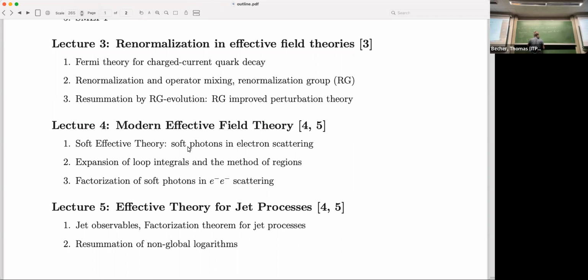Typical distance will be the Bohr radius. And now, if you look at this proton closely, as you will learn in the maths lecture maybe tomorrow, there are up quarks in here, down quarks in here.